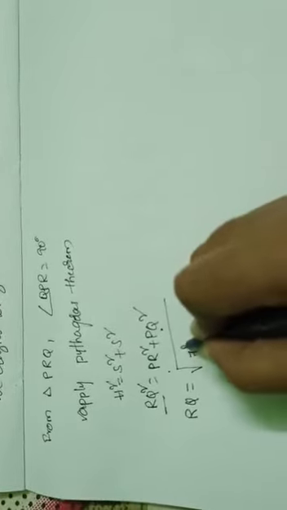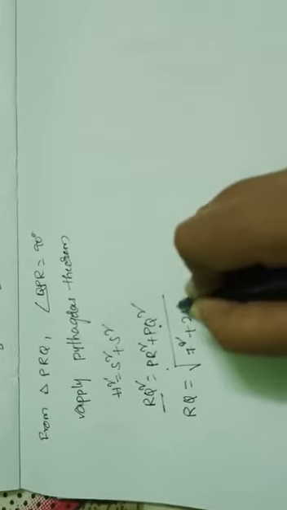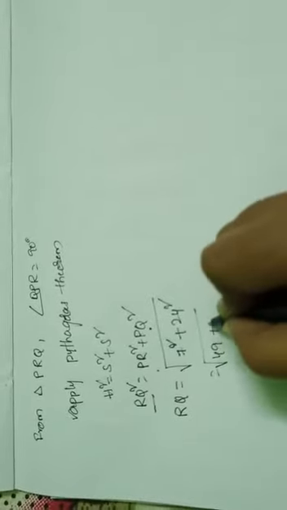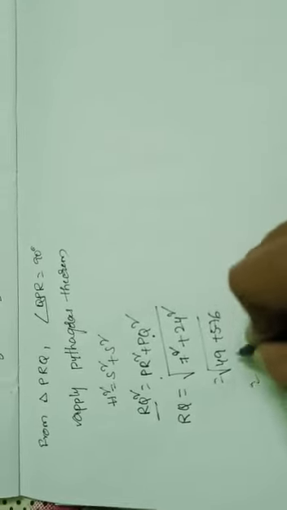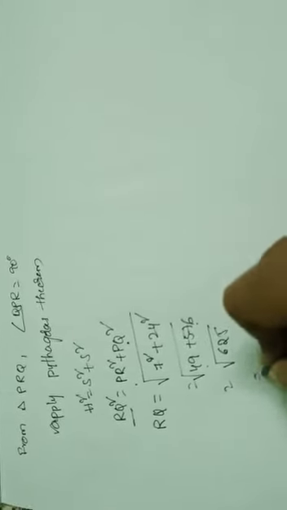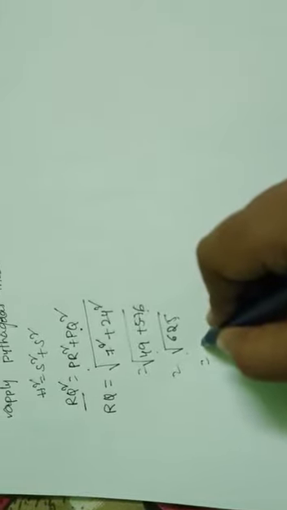7 square plus 24 square. 7 square is 49, 24 square is 576. 49 plus 576 gives 625. The root of 625 is plus or minus 25.